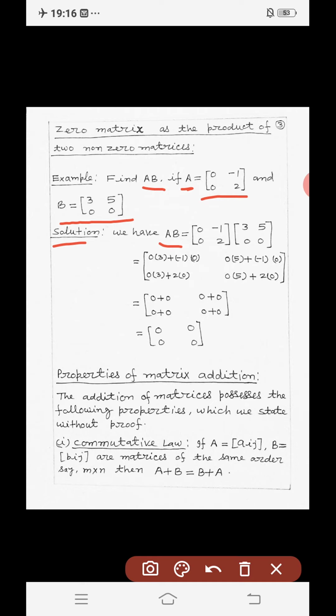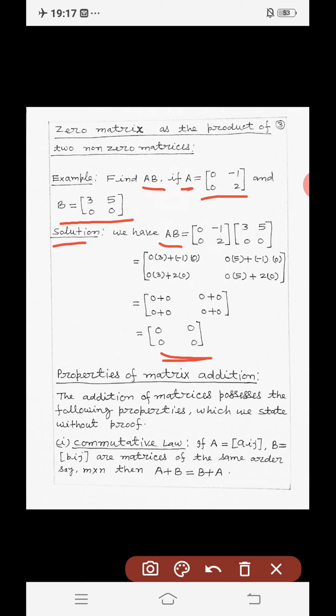Dear students, we multiply the elements of the first row of matrix A with the corresponding elements of the first column of matrix B and add them. In this way, we continue the process. We get the product AB is a zero matrix, that is AB is equal to 0, 0, 0, 0.